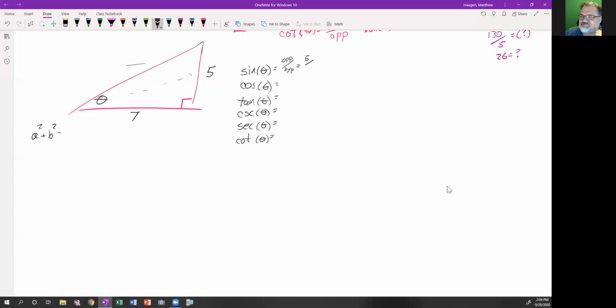The sum of the squares of the legs of a right triangle is equal to the square of its hypotenuse, no matter what we label them. So 5 squared plus 7 squared is the square of that hypotenuse. So 25 plus 49 is 74, which is c squared. So c is plus or minus the square root of 74.